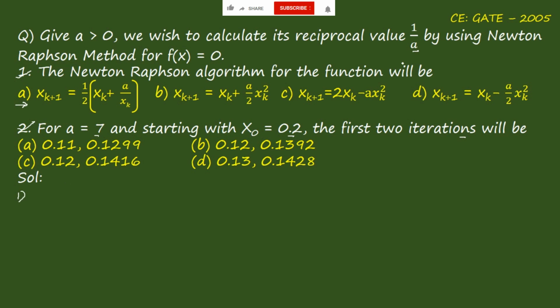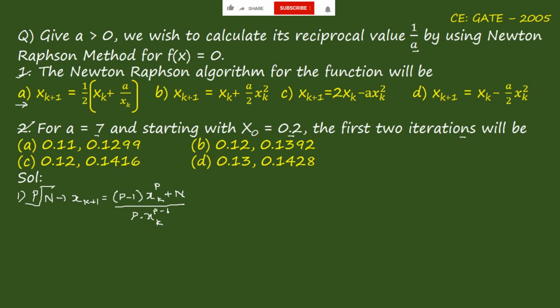In this one we have to find the reciprocal of a, which is nothing but 1 by a. For Newton-Raphson method, we know the formula of it, right? If you have something like pth root of n, then the formula is x of k plus 1 is equal to ((p minus 1) x of k power p plus n) by (p into x of k power p minus 1), right?